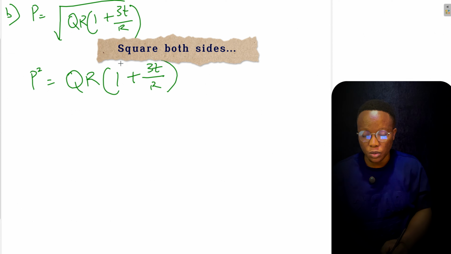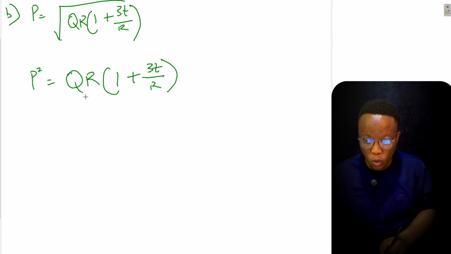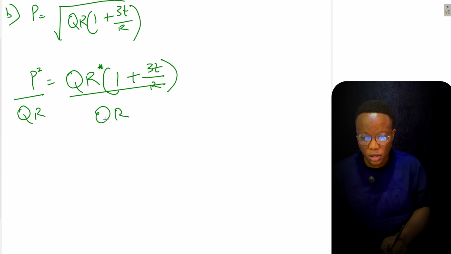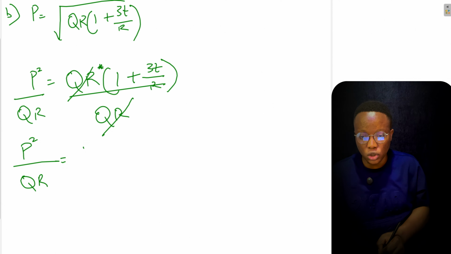When we square this side, it's going to help us cancel out the square root here. Now we have a multiplication in this end, so we divide both sides by qr. So qr is going to cancel out qr here. We are left with p squared all over qr is equal to 1 plus 3t all over r.